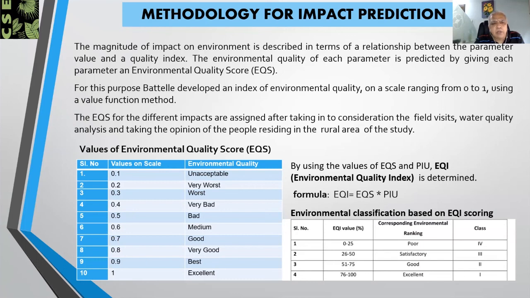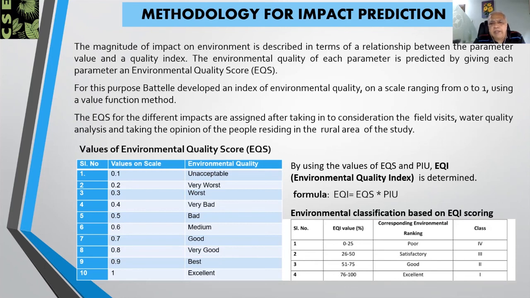The scale of the environmental quality score is given here, which is from 1 to 0.1, where 1 means excellent and 0.1 means unacceptable. So, based upon their rating of the project, they rank the various components, and then the environmental quality index is computed.